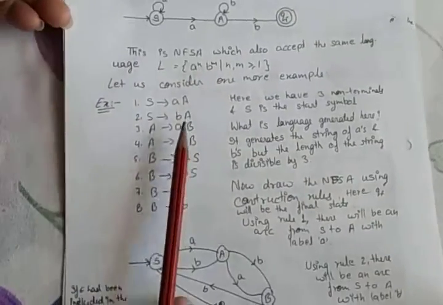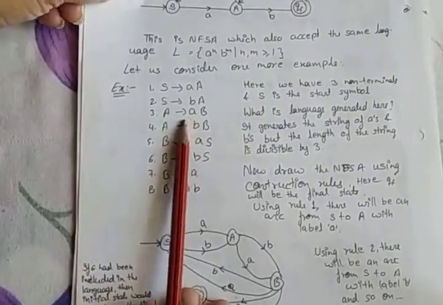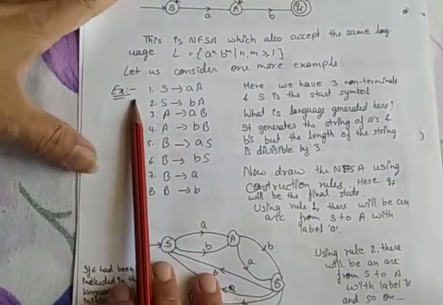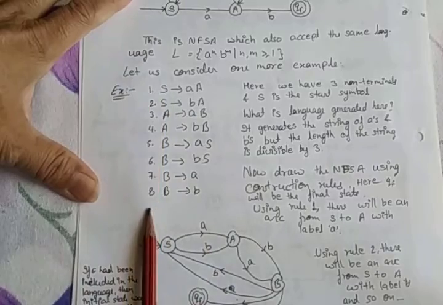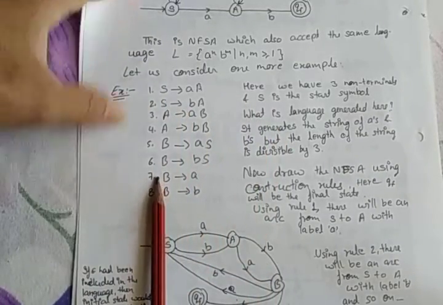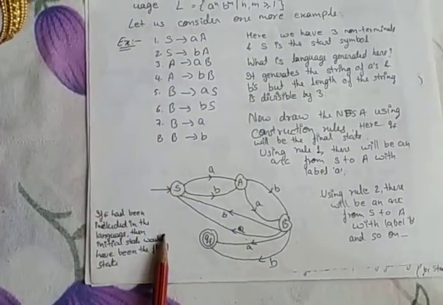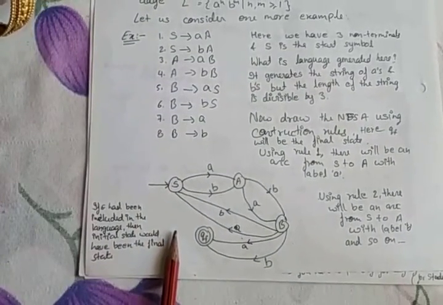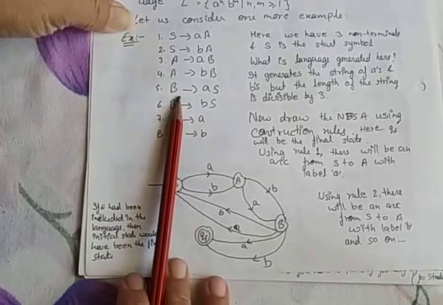Now let's consider the next example. Here the example is this. This is the given language and we want to construct the automata, right? So this is the whole picture.